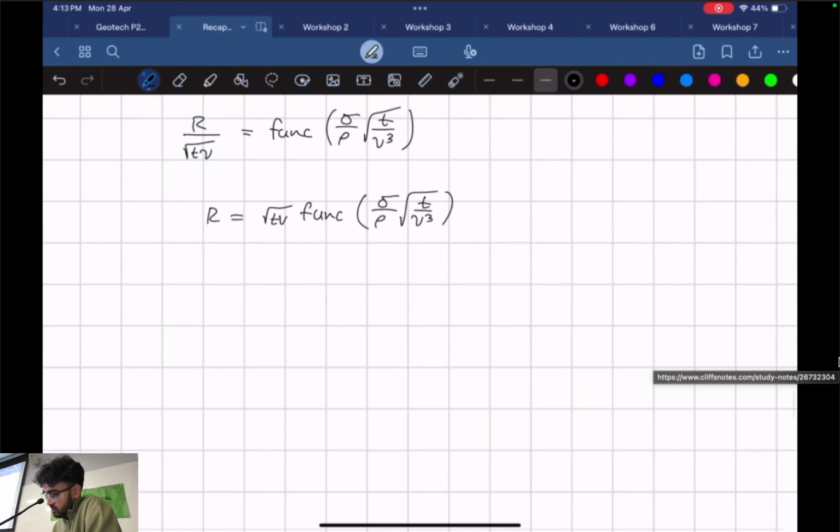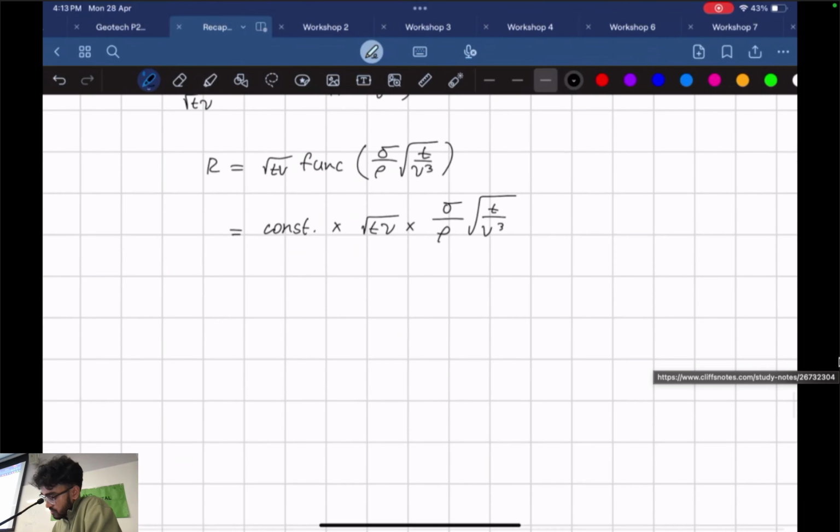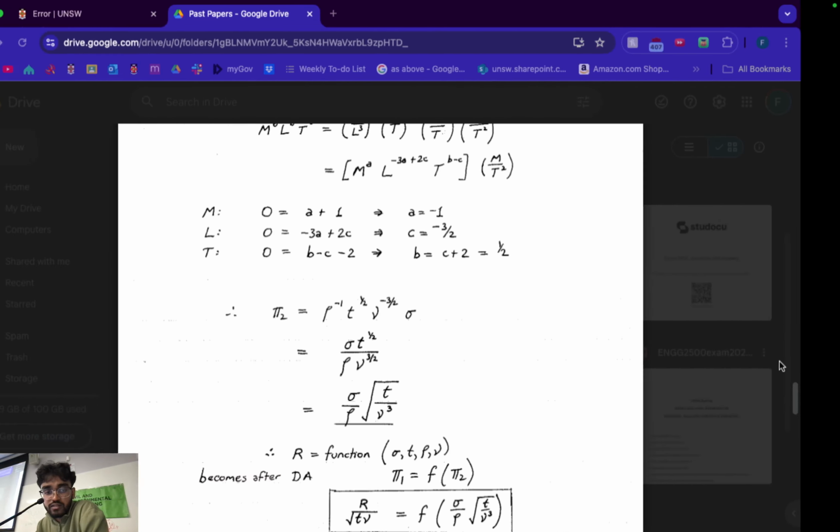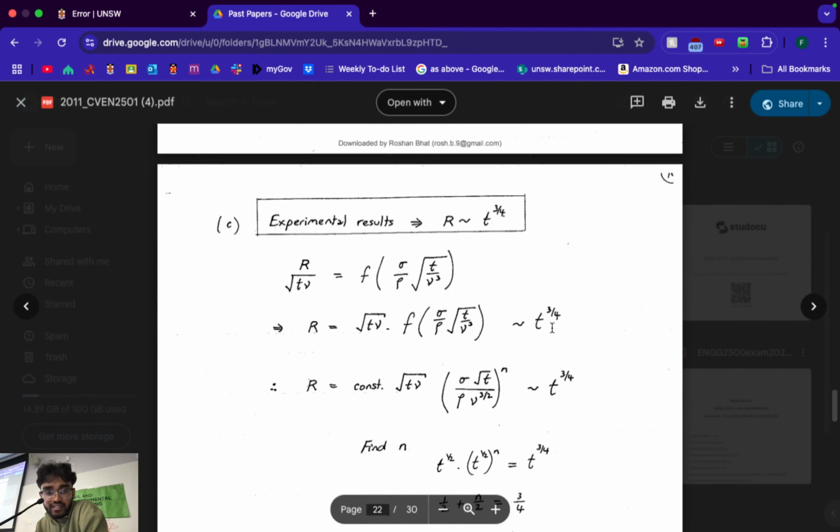And converting this function into an equation, I'm just going to replace it with a constant times... hold on, I'll show you. I can't really explain it that well, but here it is.